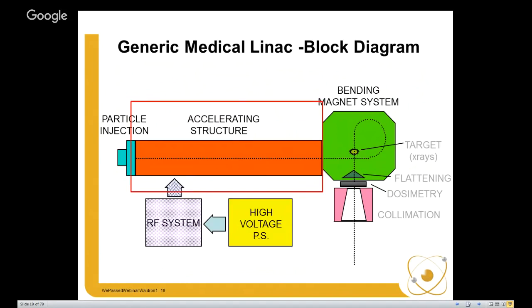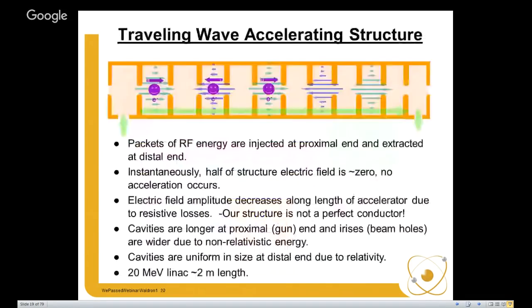So accelerating structure, I'm now going to talk about accelerating structures in the more applied context. So we're done with the theory. So traveling wave accelerating structure. Packets of RF energy, the electromagnetic waves I was talking about, are injected at the proximal end, propagate through the accelerator, and are extracted at the distal end.